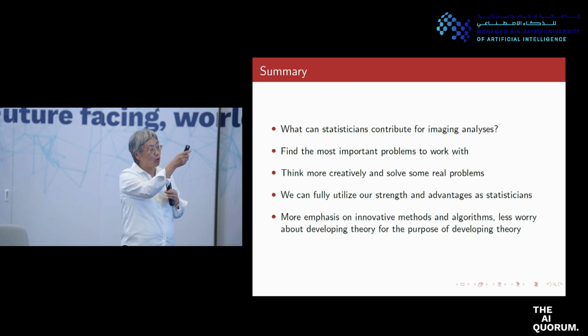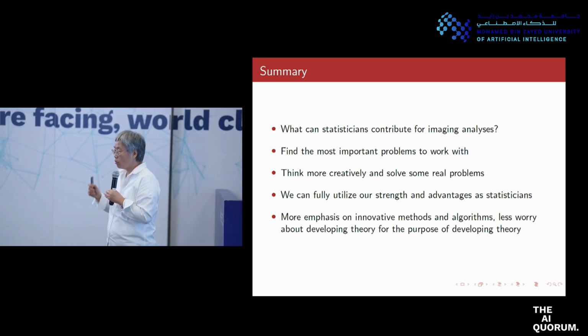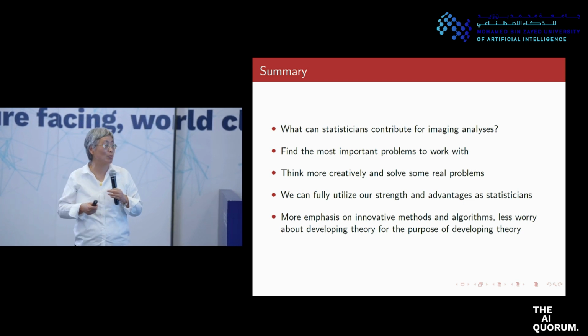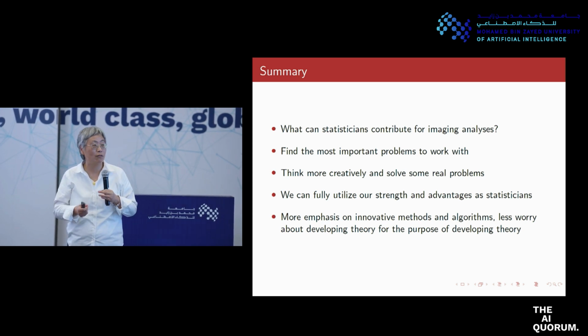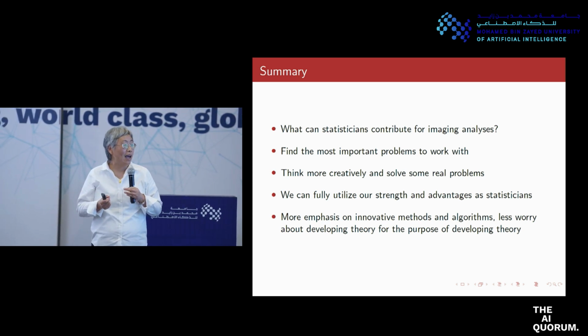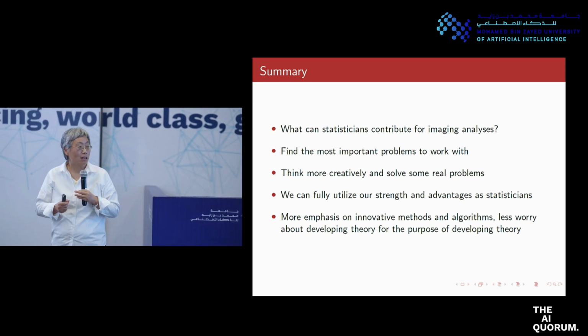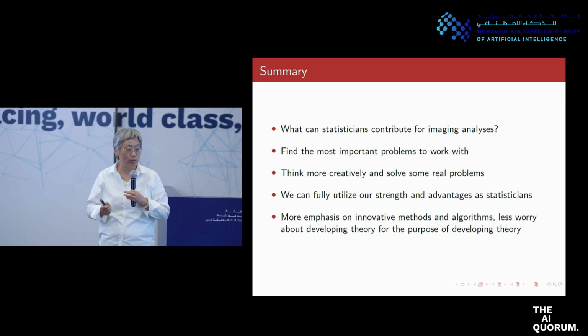So I was thinking about our field: what are the most important problems we should work on? And if we know, what prevents us from working on these problems, right? We need to think more creatively and try to solve some real problems. And really, I think innovation is very important, especially innovative methods and algorithms.